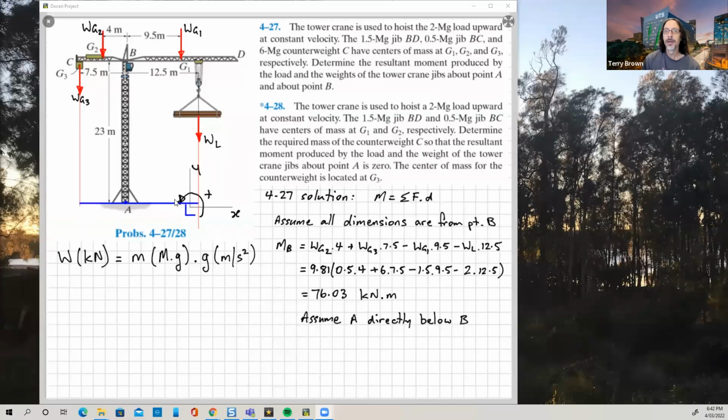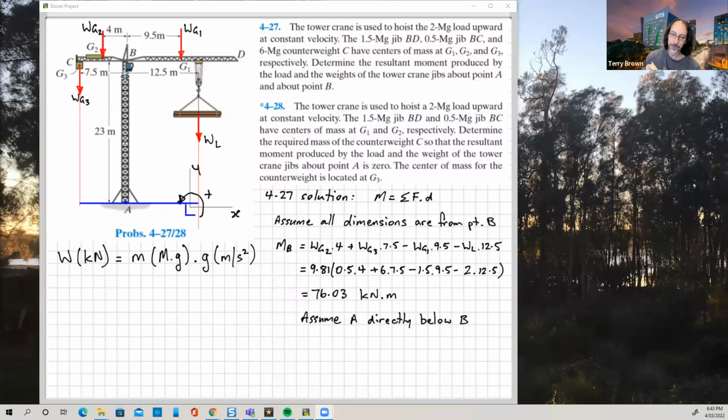Having said that about the perpendicular distances, we should now be able to see that the perpendicular distances for all of these forces from point A will be the same as we had from point B, of course making this assumption here. And for that matter, I can see on the drawing there's a little dot just in here.